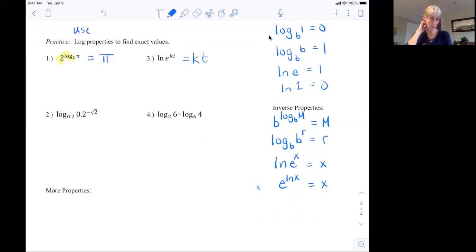Log to the base 0.2 of 0.2 raised to the negative square root of 2. Again, when I look down my list, I'm dealing with this situation. So my answer is just going to be the power.